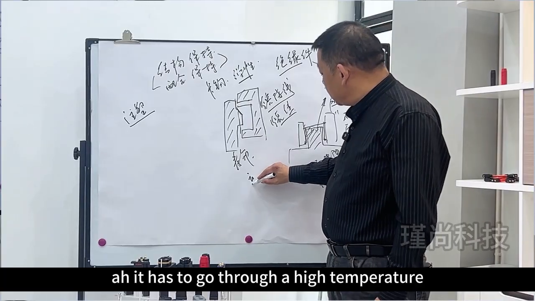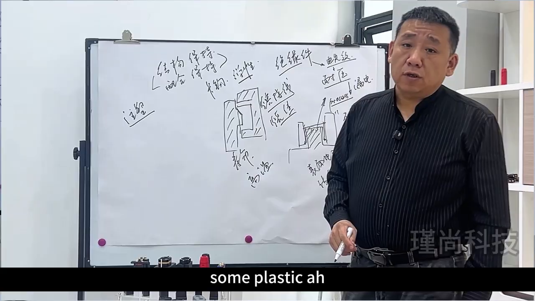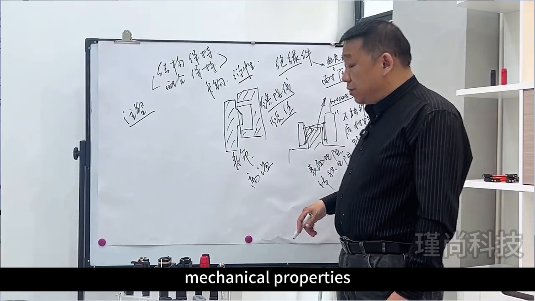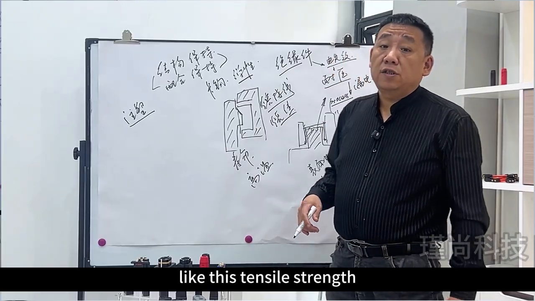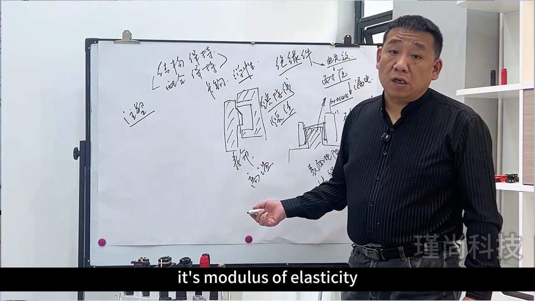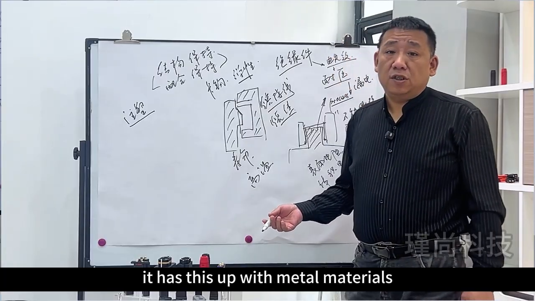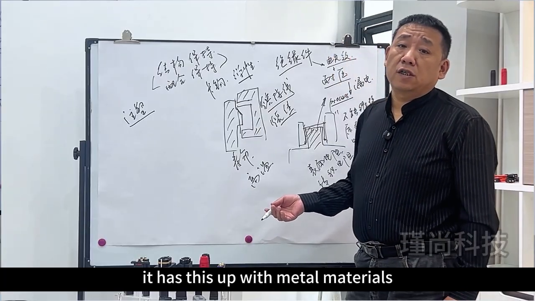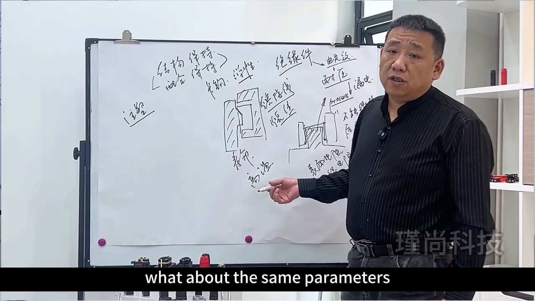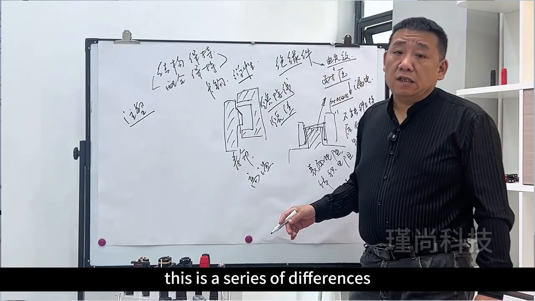Then some plastic mechanical properties, like tensile strength and modulus of elasticity, compared with metal materials, for the same parameters, would there be an essential difference? This is a series of differences.